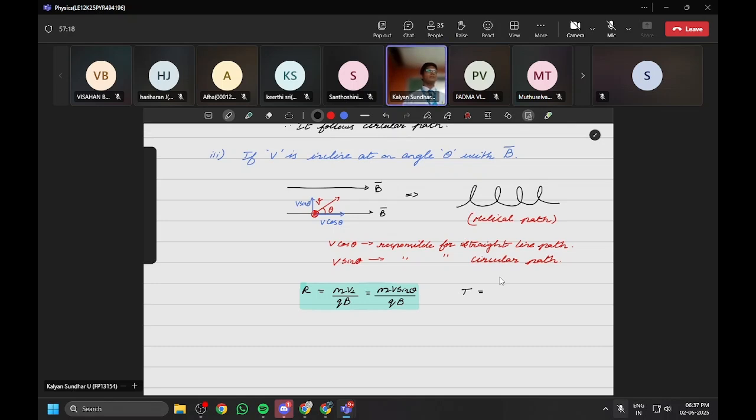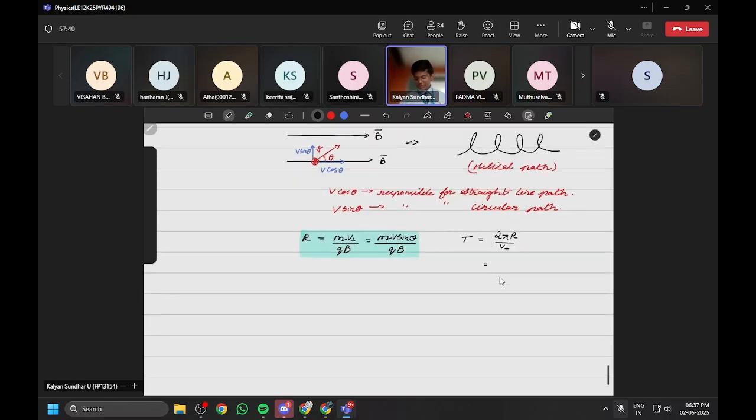No. Then what does that mean? Same formula. How did we find it? It will be 2 pi by omega. Omega is nothing but V by R. Correct? So we write this as 2 pi R by V, and this will be what? Only the perpendicular component, so this will be V sin theta.